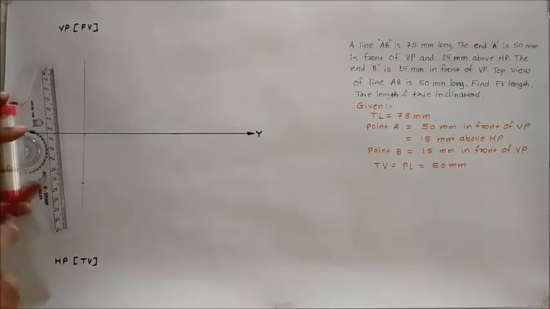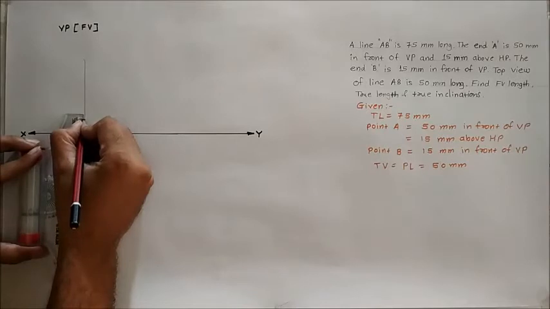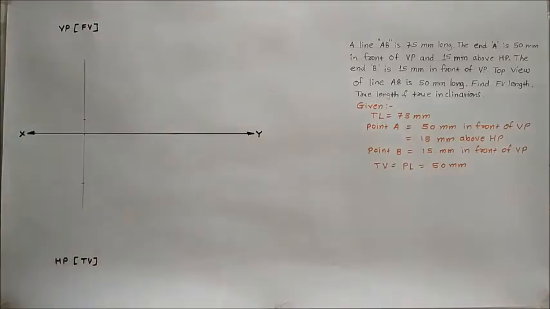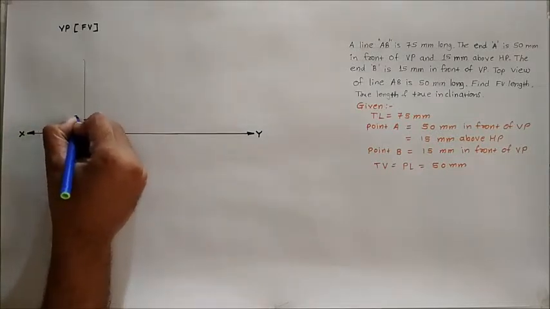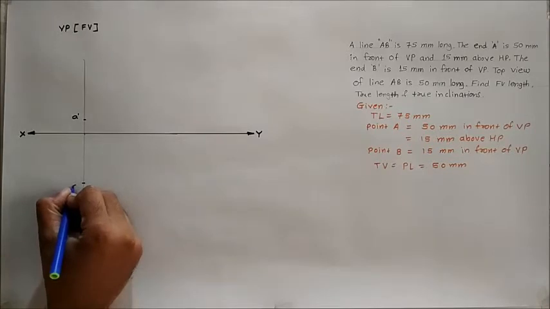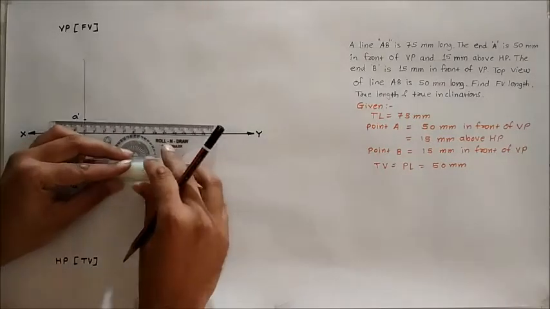Then the point A is 15 mm above HP. So above the XY line at a distance of 15 mm, we have to mark another point, that is A dash. Give the nomenclature as A dash and A. Through these points, we have to draw a projection line which will represent the locus of that point.